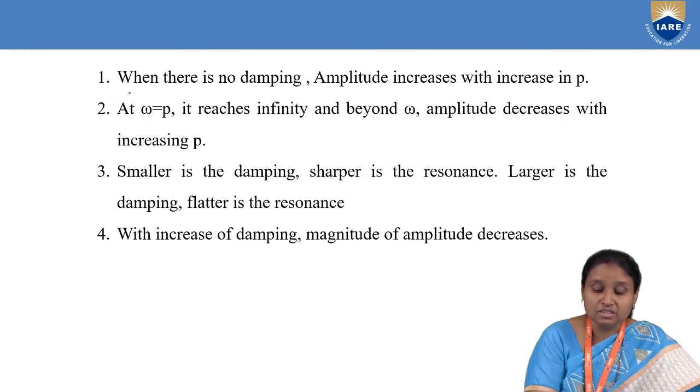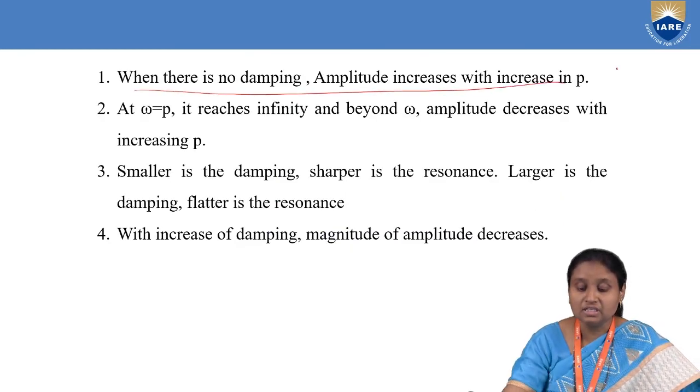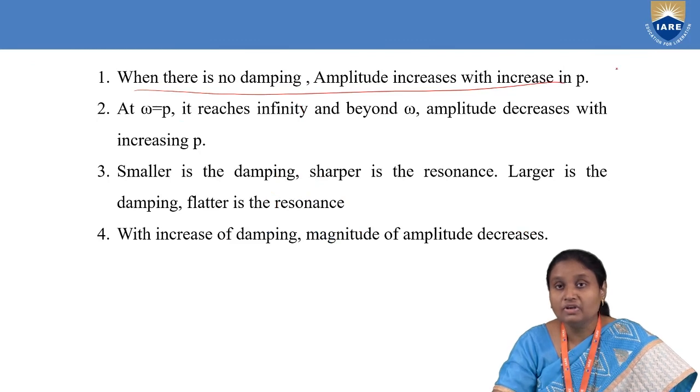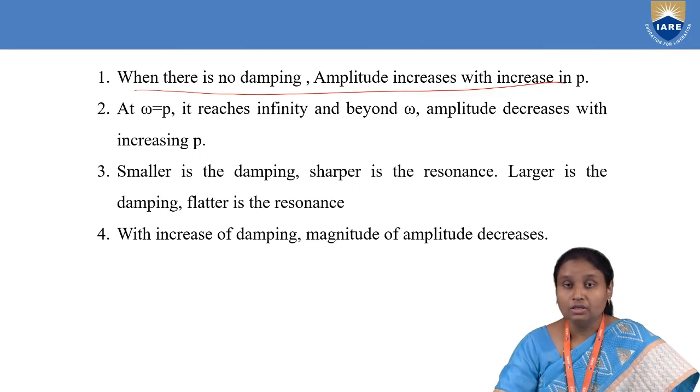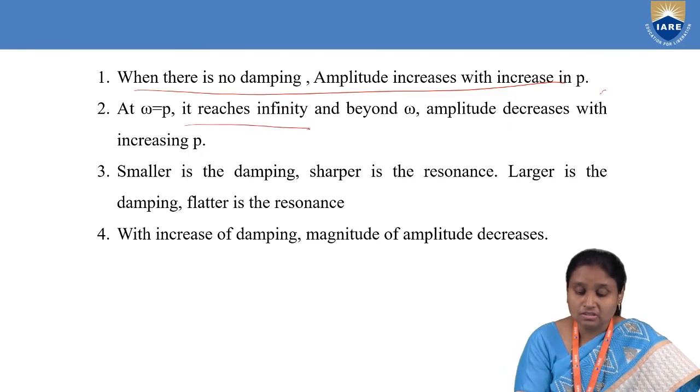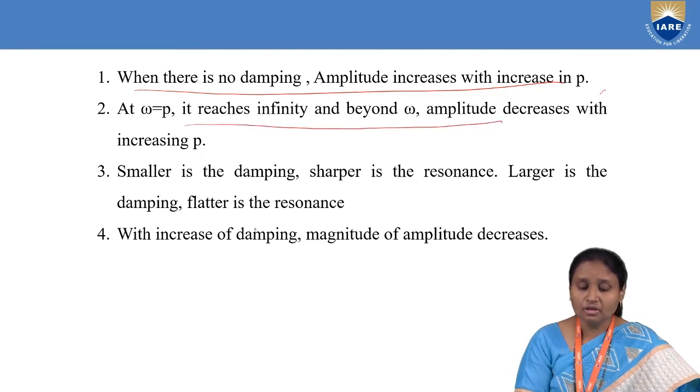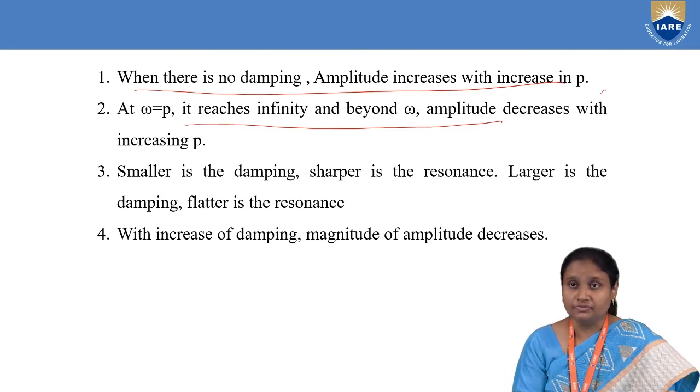So first conclusion: when there is no damping and we are at very low frequencies of external force, amplitude is increasing with p. At resonance it goes to maximum value, infinity, and beyond omega, amplitude is decreasing with driving frequency.